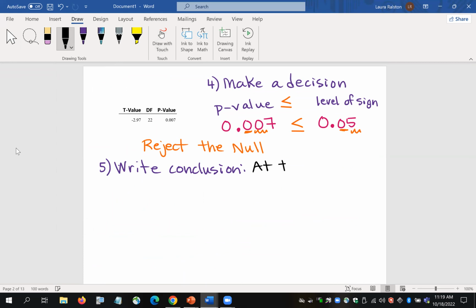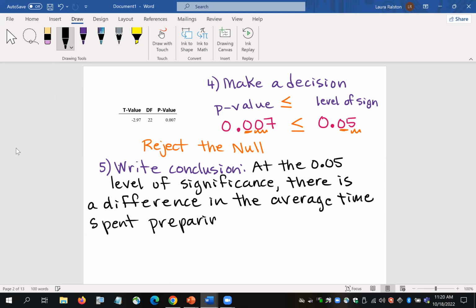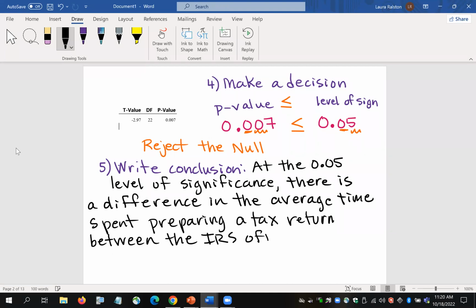So we would say at the 0.05 level of significance, there is a difference in the average time spent preparing a tax return between the IRS office and a volunteer tax preparer.